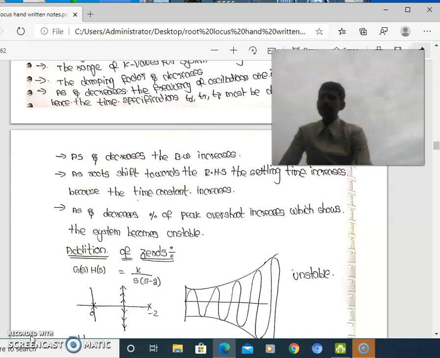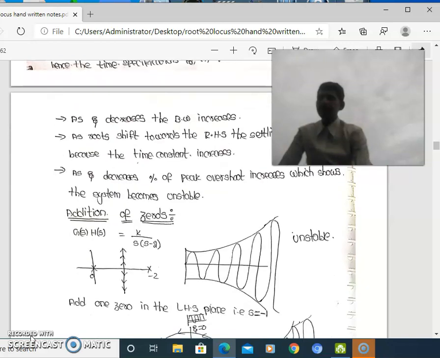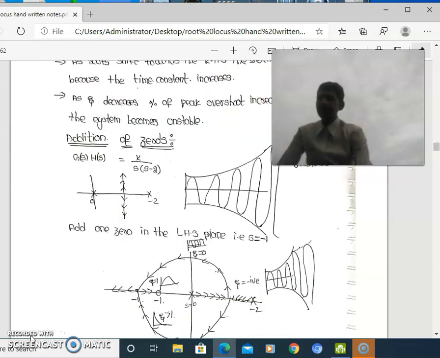Now we have seen the addition of poles to the root locus. The next one is, if you add zeros to the root locus, what happens to the root locus? Now let us consider G(s)H(s) equal to K divided by s into (s minus 2).